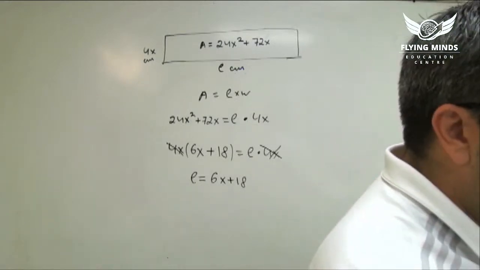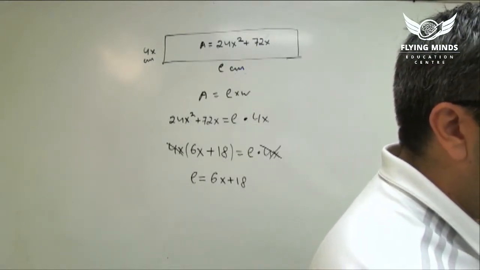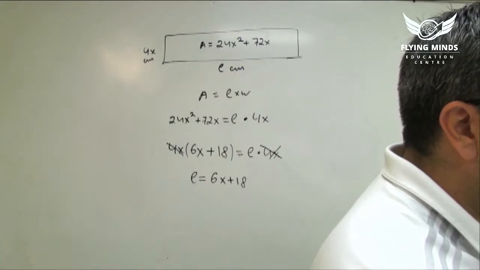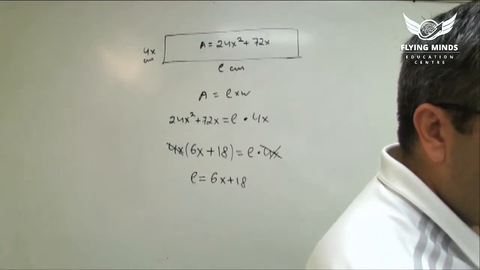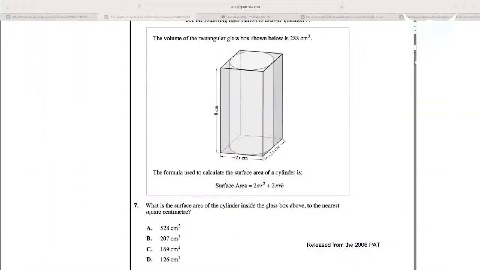Okay, so next question. We have the volume of a rectangular glass box shown below is 288 centimeters cubed.